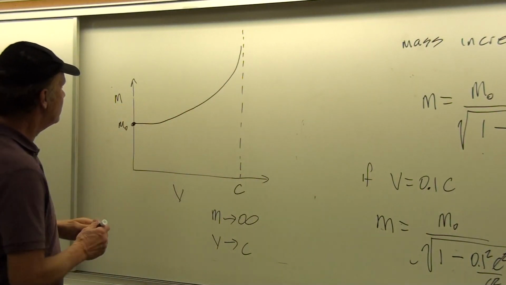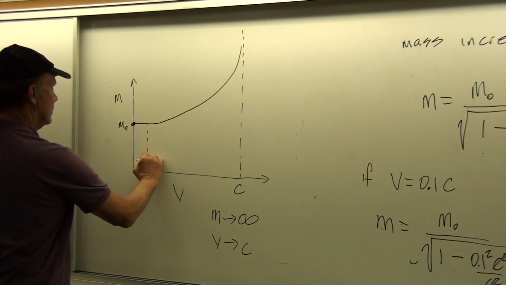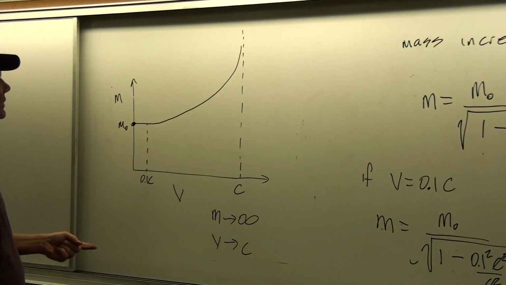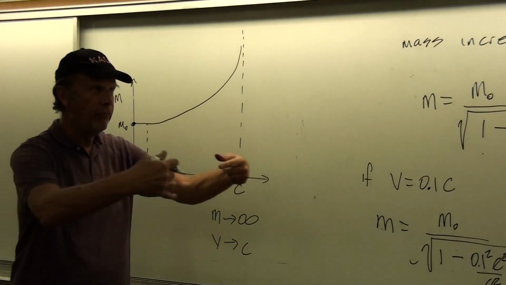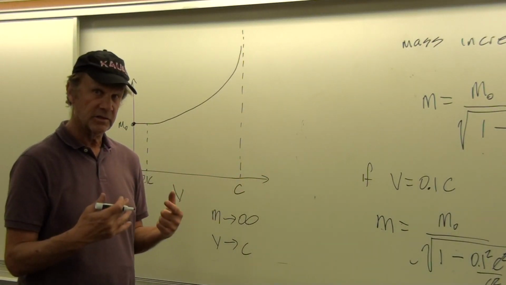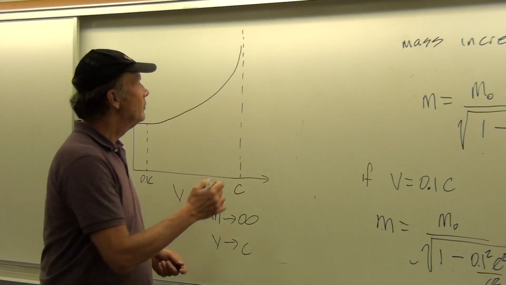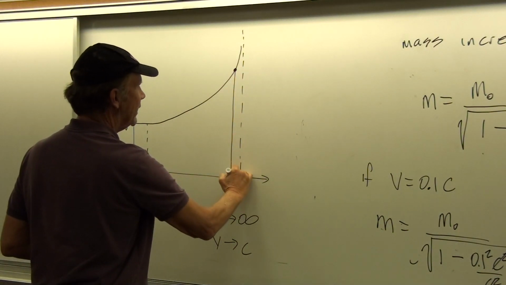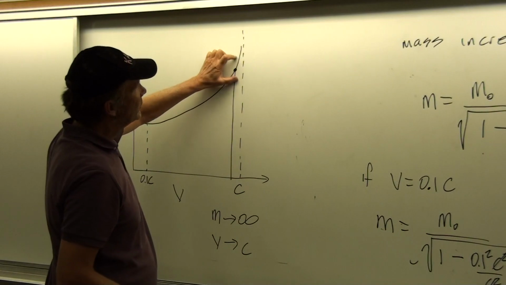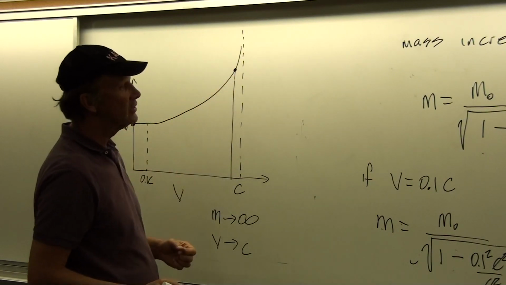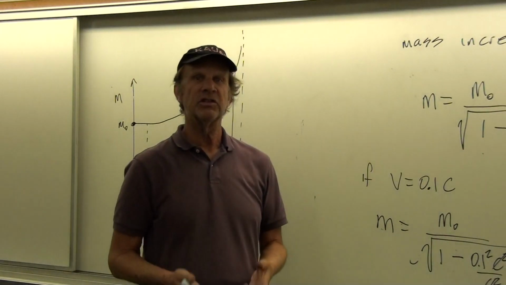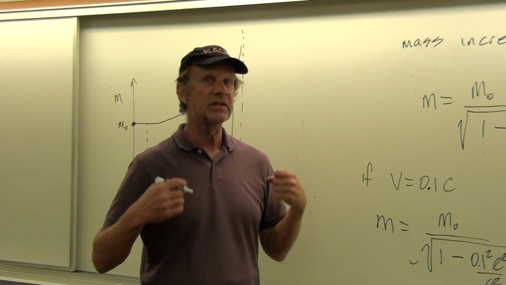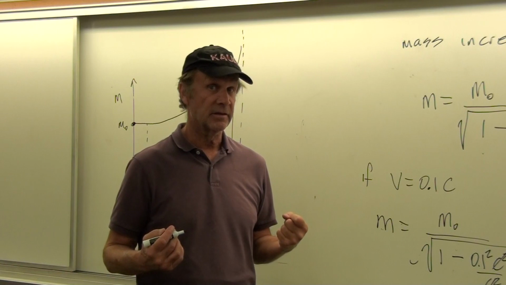And so down here at 0.1 c, then you push on it, and basically all of the force goes into changing its speed. But because the mass starts to increase, at this point you get to the law of diminishing returns, where the force doesn't go so much into changing the speed, but rather the energy goes into changing its mass.